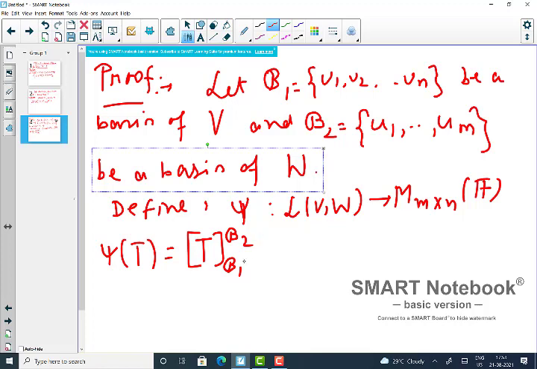You check that this is an element of m cross n matrices over F, because this is a matrix whose order is m cross n.